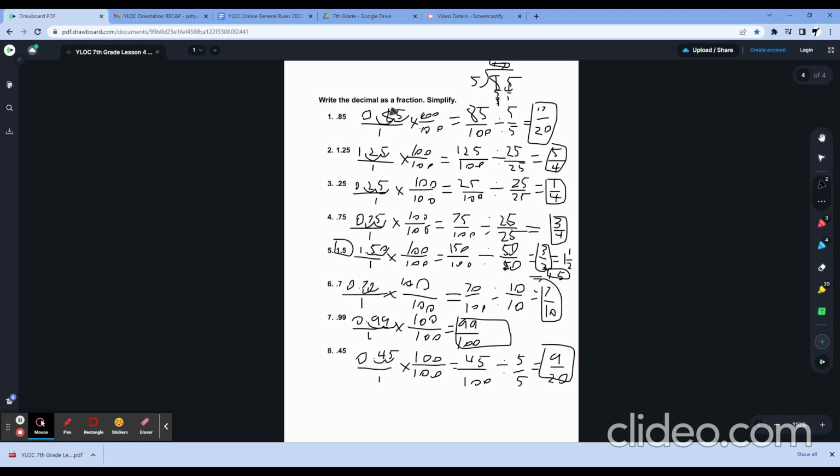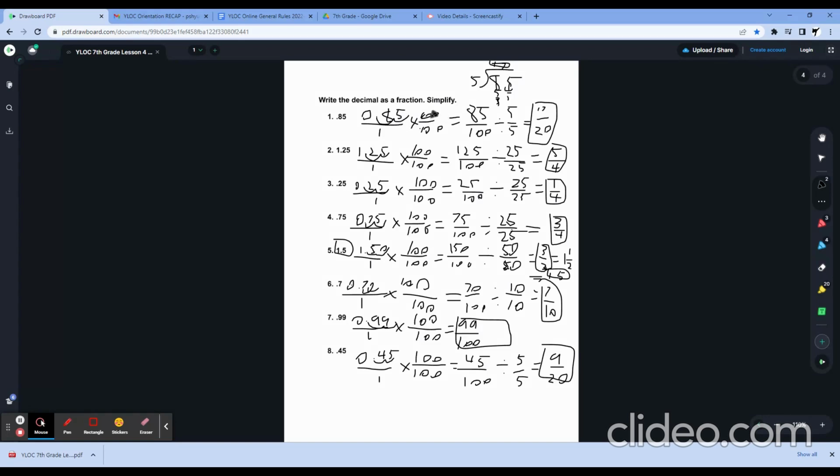And then to get rid of the decimal point, we want to multiply both the top and bottom by 100. The reason we're multiplying both the top and bottom is because 100 over 100 simply equals 1. So multiplying 0.85 over 1 by this is again not going to change the value. We don't want to be changing the value because that would be the wrong answer.